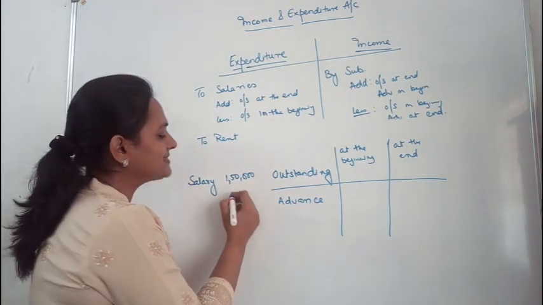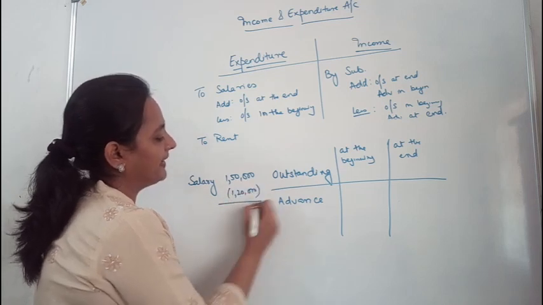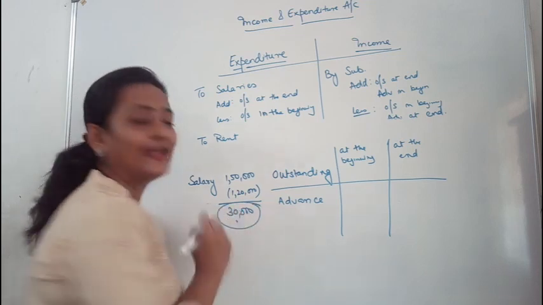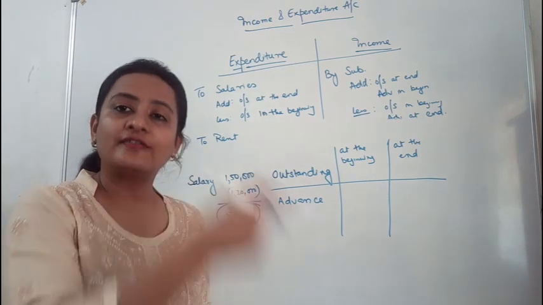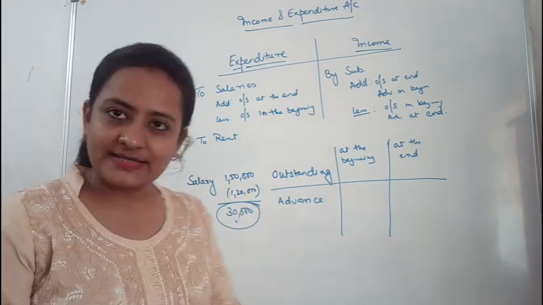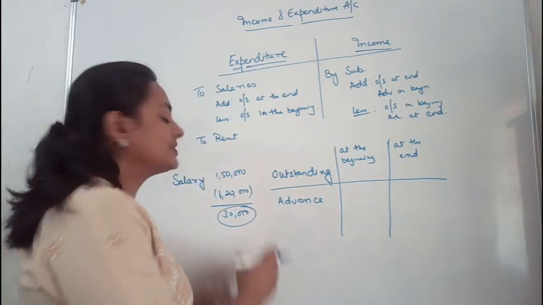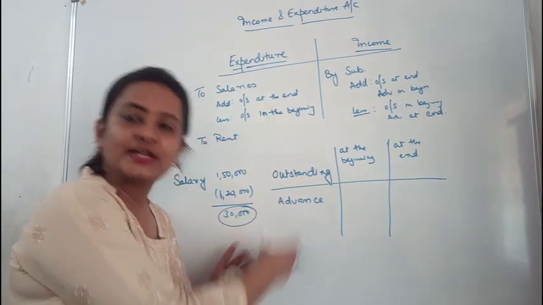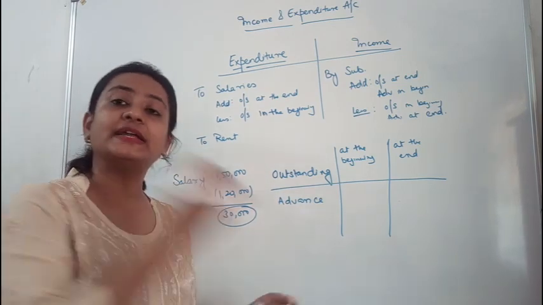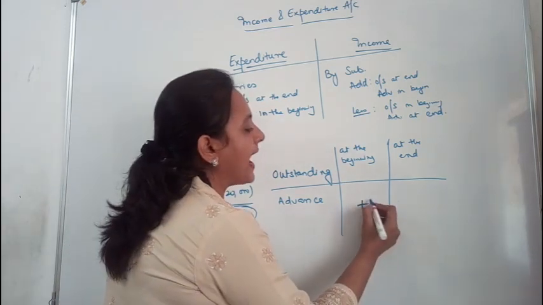Now, this 30,000 which I have paid extra is the advance salary. Are you all getting me? It is the advance salary which is not connected to this year. So this 30,000 is the advance which I have paid in the previous year. Now this 30,000 needs to be added.